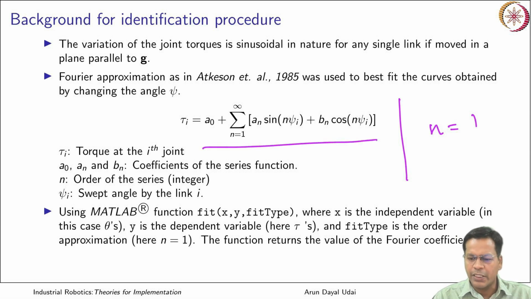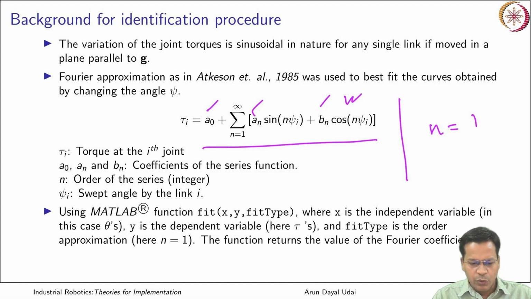That will basically converge to the previous equation if you take n equal to 1. I'll make the robot link move and I'll obtain the torque corresponding to the joint angle, and I'll try to fit it to this. This is our job, and I'll try to get these constants.